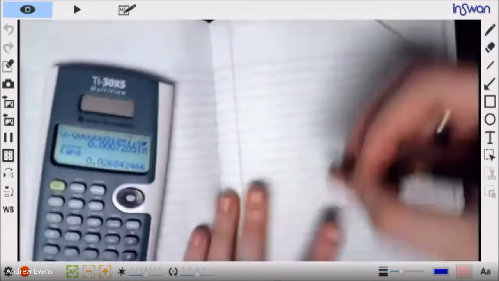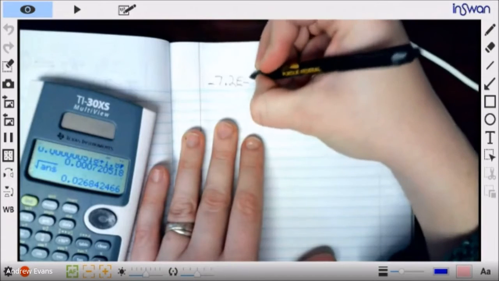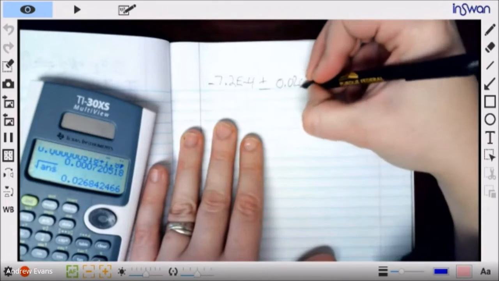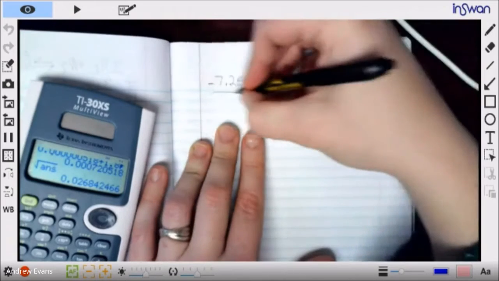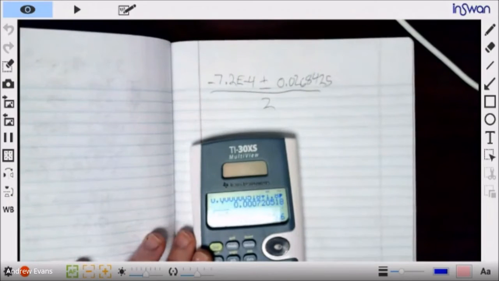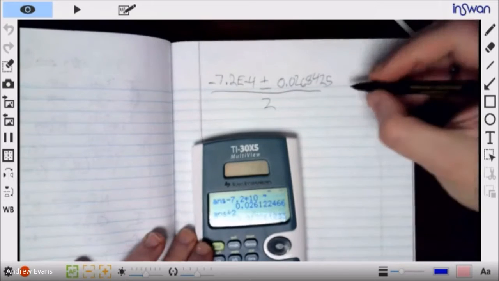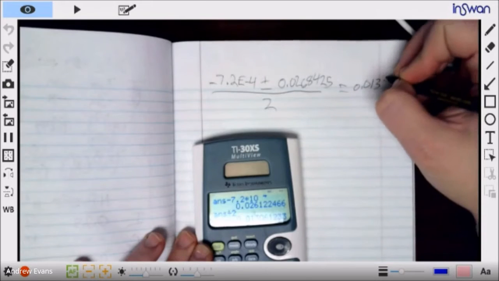So we have negative 7.2 E negative 4 plus or minus 0.02684, we'll say 25, all over 2. So take that minus 7.2 times 10 to the negative 4 and then divide by 2. You get one answer is 0.013, we'll say 1.